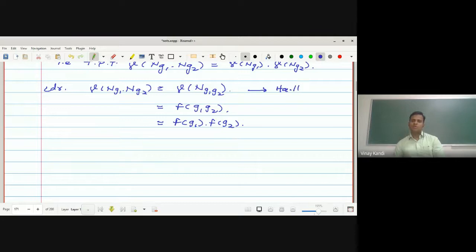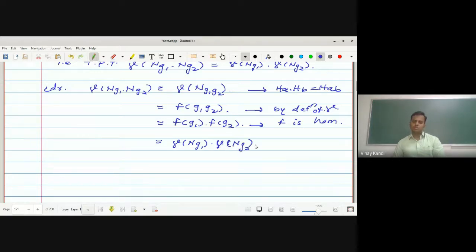Give the reason here: ha into hb is equal to hab, by definition of gamma. F is a homomorphism. Again, what is f of g1? Gamma of ng1. What is f of g2? Gamma of ng2.